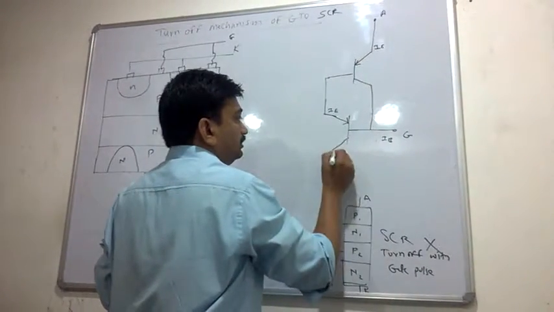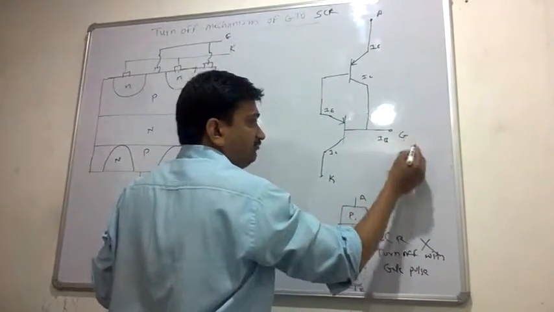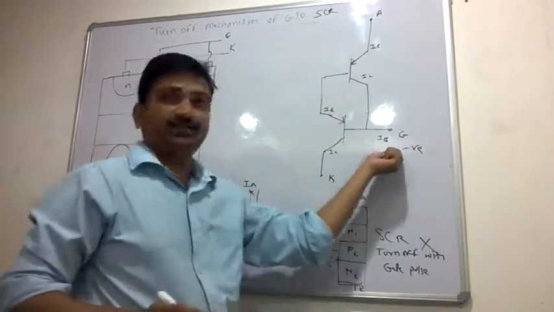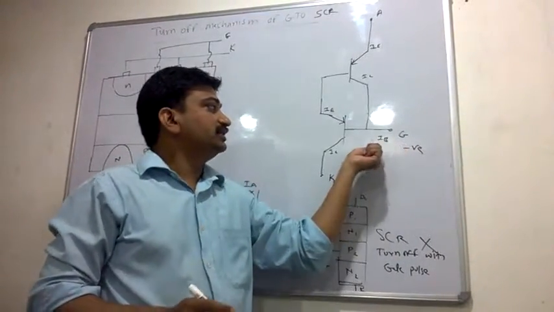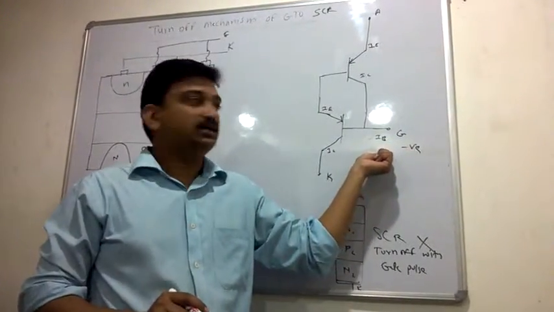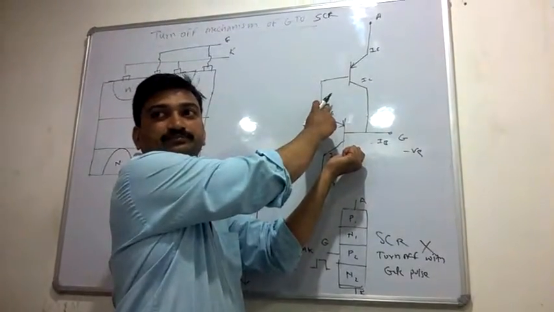When you provide a negative pulse or negative voltage, the base current is reduced, and that's why this emitter current also gets reduced.